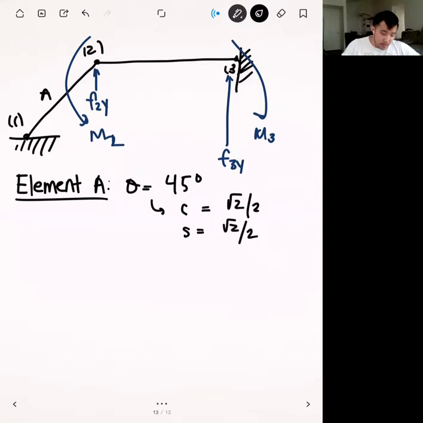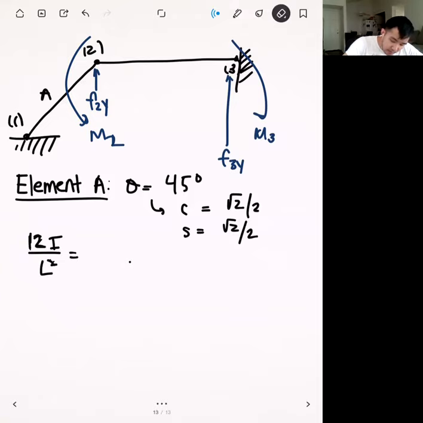And then let's compute some of these other quantities. So we have 12I/L squared, and this is equal to 0.185 inches squared. Okay.